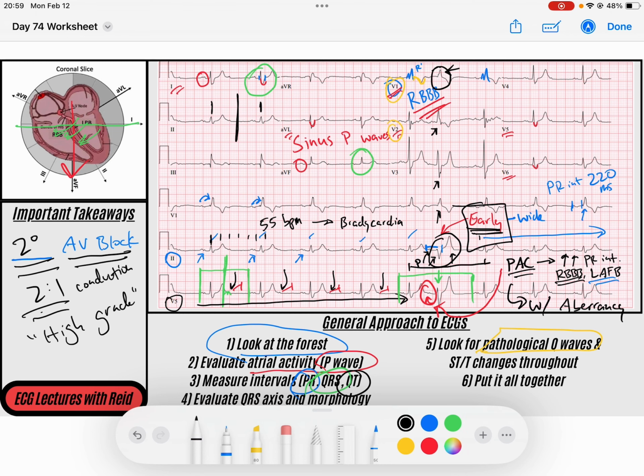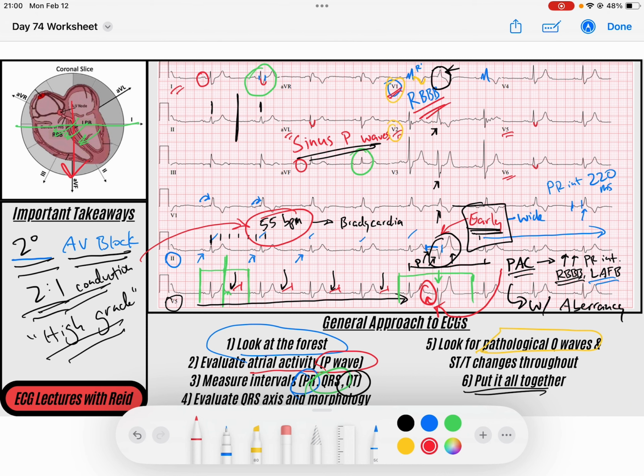With all of that, let's put this together, kind of a complex one. So what do we have here? We've got a sinus rhythm, in fact, a sinus rhythm with a second degree high grade AV block with 2-to-1 conduction with a ventricular rate of 55 beats per minute.